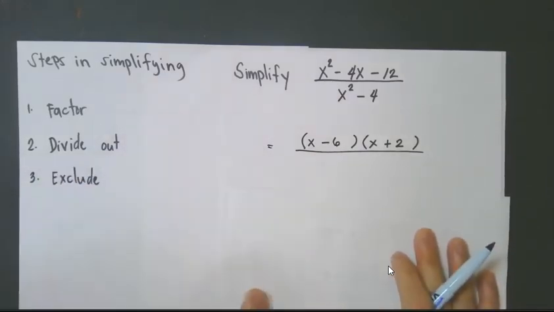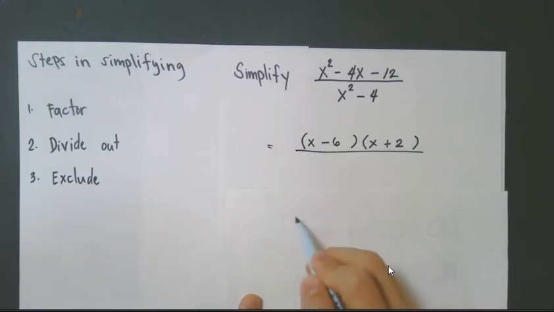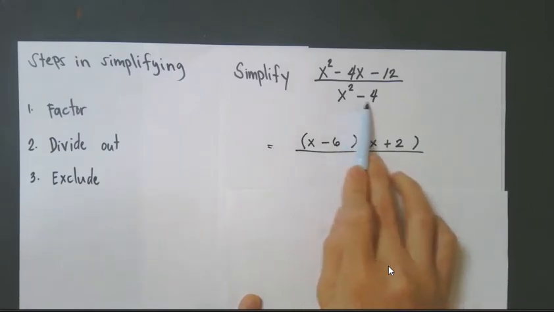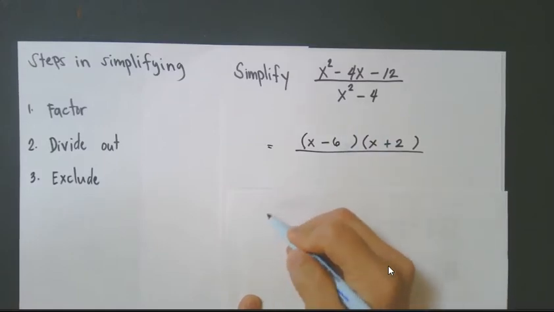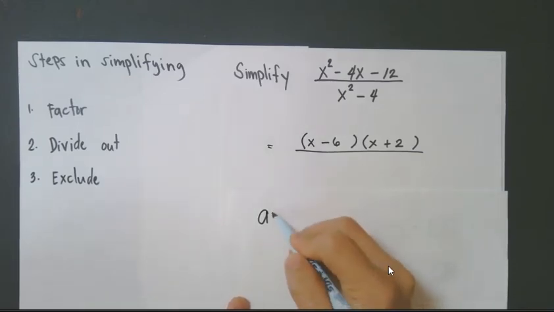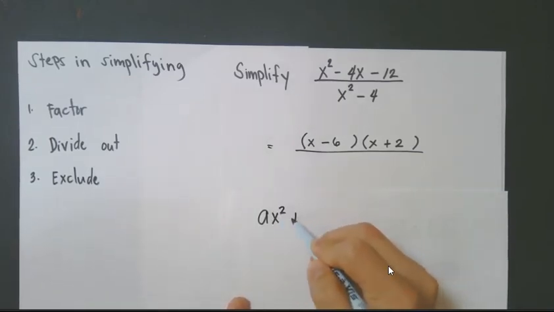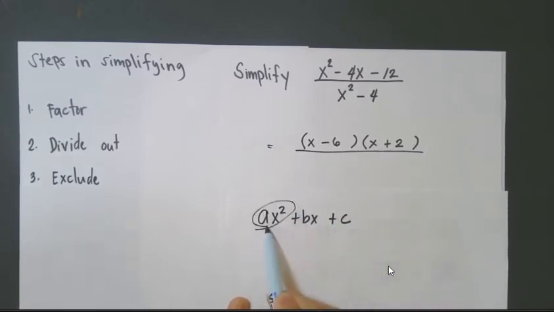For the denominator, by the way, what is the middle number here? When I say middle number, going back to the standard form of a quadratic equation, we have ax squared plus bx plus c. So your ax squared here is your x squared.